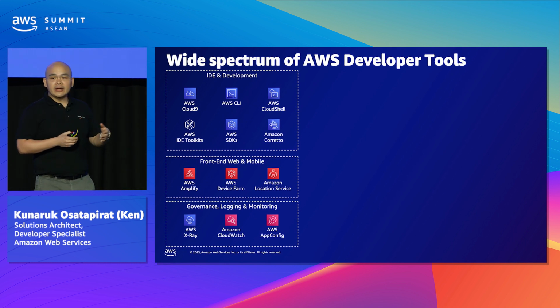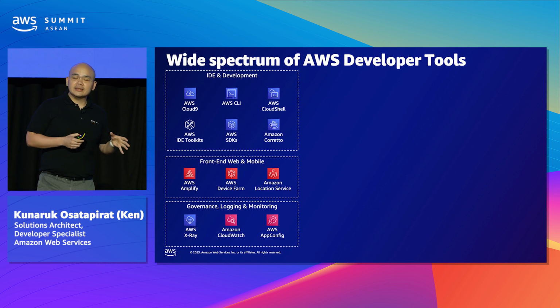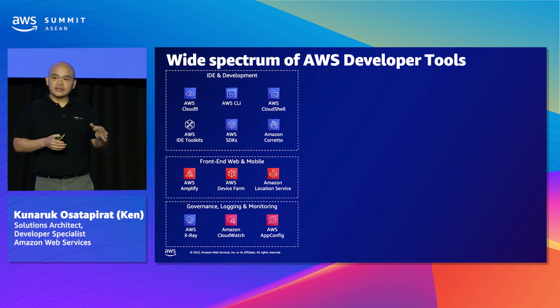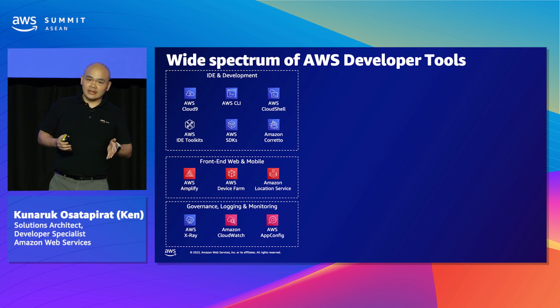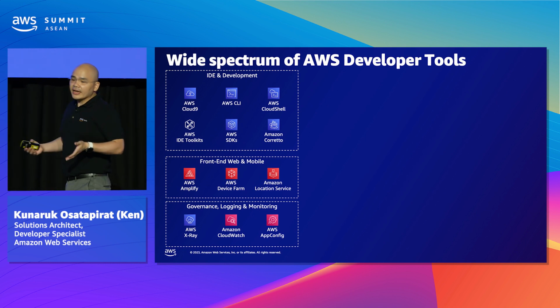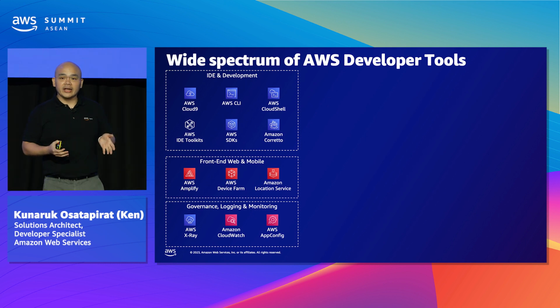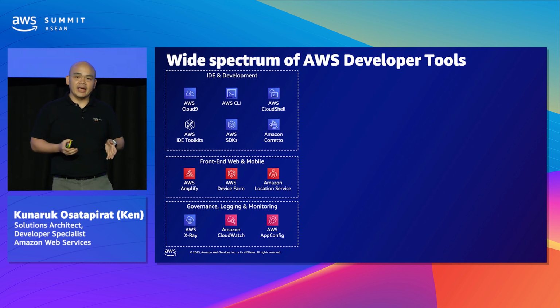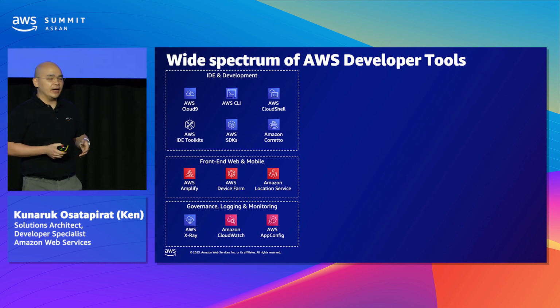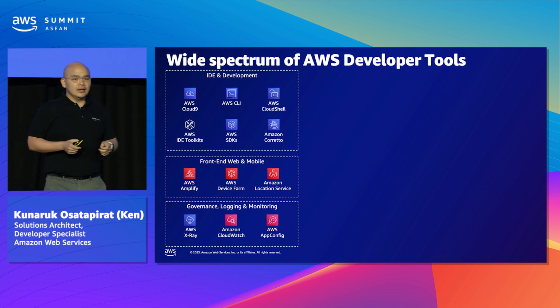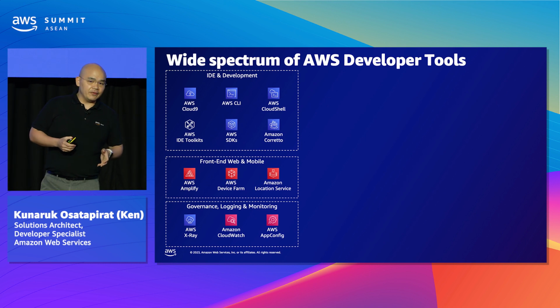And if you want to interact with AWS services within your code, you can use the AWS SDK. In case you are a front-end web or mobile application developer, you can use AWS Amplify in the middle to bootstrap your application development.